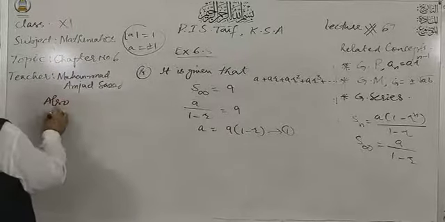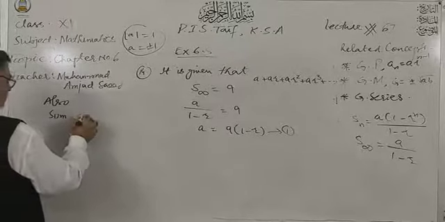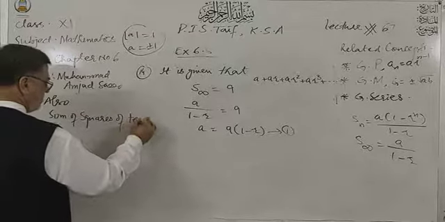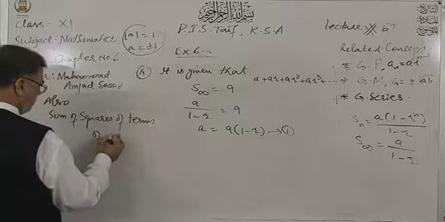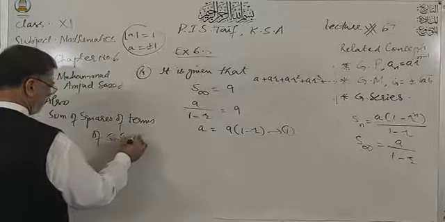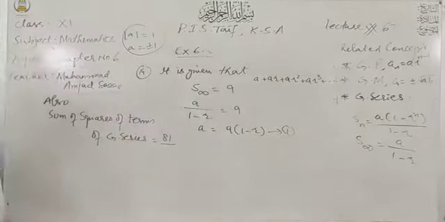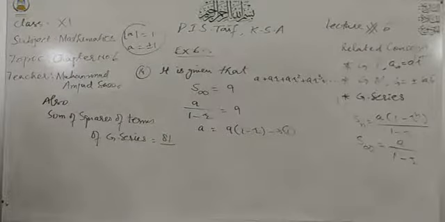Also, the sum of squares of terms of the geometric series is equal to 81 over 5.